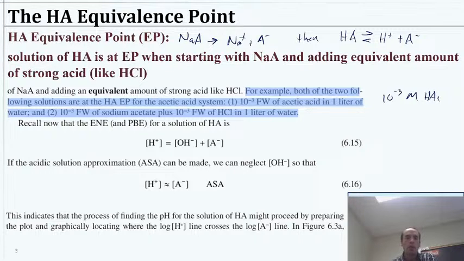And then the other one was 10 to the minus 3 moles per liter of NaA, well, NaAC in this case, of sodium acetate, that's that conjugate base amount, plus we have to add 10 to the minus 3 moles per liter of HCl.